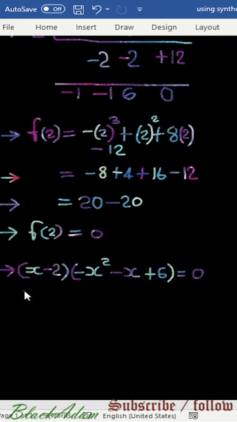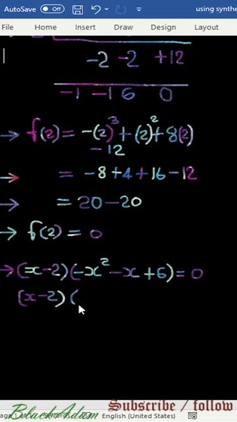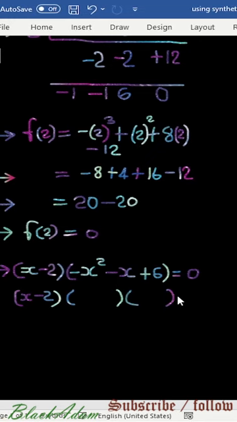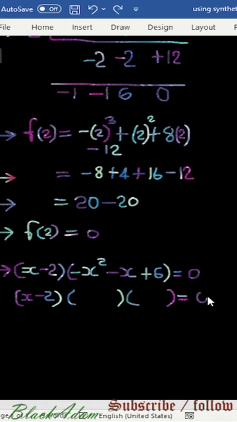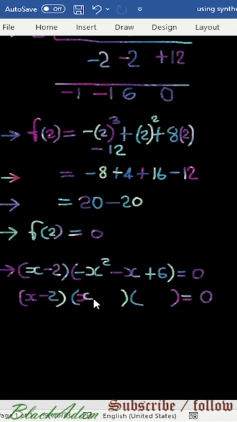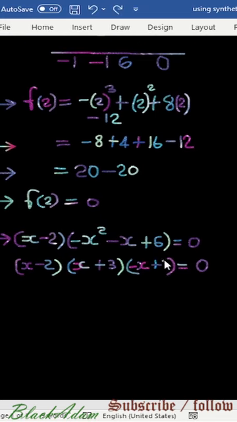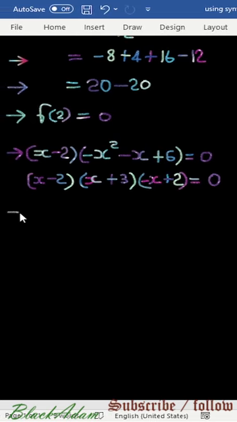So factoring that, we found x minus 2, and then factoring the other part will give us that all equal to 0. Then we have -x squared, and then +3, and then also +2 there. You can just confirm if those are the factors, but I think they are the factors indeed.